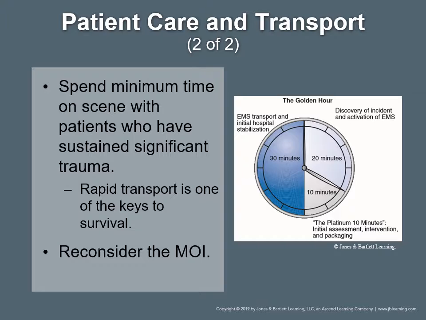Okay? So that's called the platinum 10 minutes. We want to get there, start assessments, start interventions, package them, and get them en route to the surgery center so that they can be properly cared for.